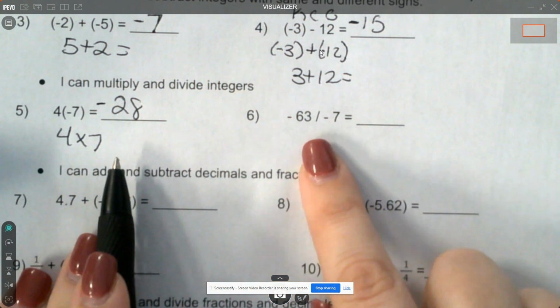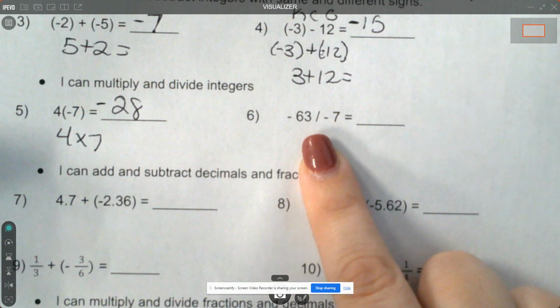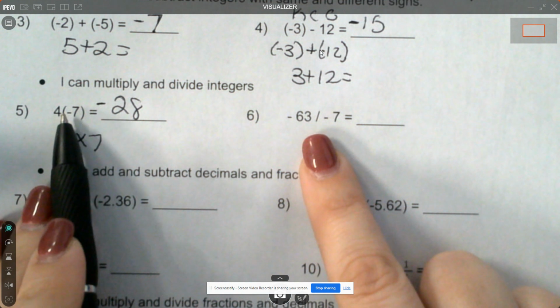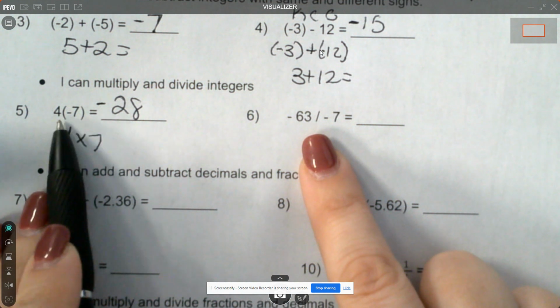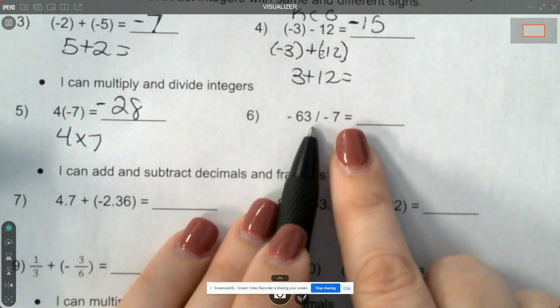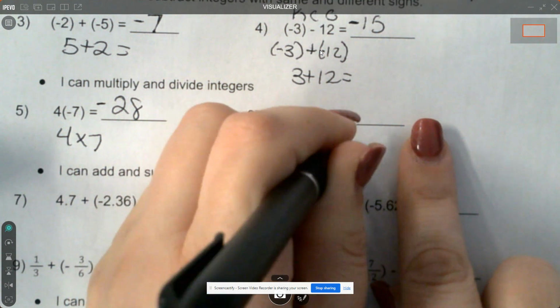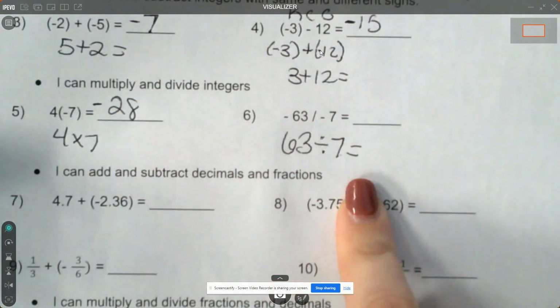Number 6. What does this fraction bar mean? Does it mean are we multiplying or dividing here? Keelan, what are we doing? We're going to divide. When you see parentheses side by side, it means you're going to multiply. But when you see a slash, it means you're going to divide. So 63 divided by 7. You can use that if the numbers are big: go to the 7 and count until you get to the 63.